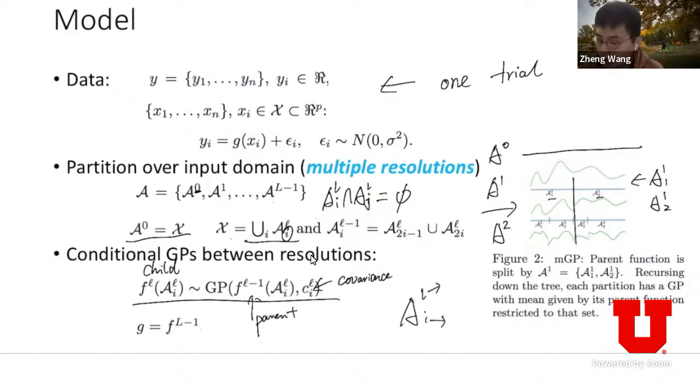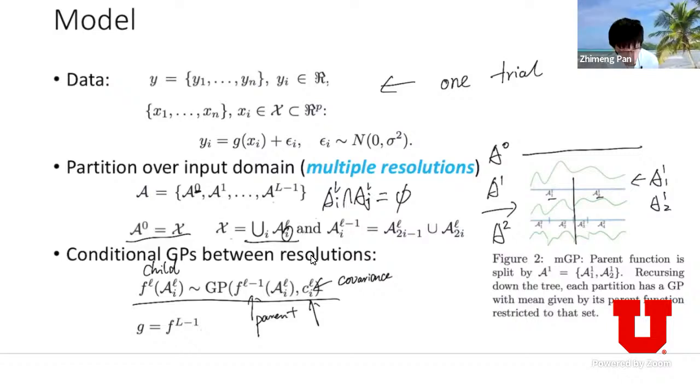Because actually, you should note here the covariance function is different. So in different resolutions, we can have different correlations. So it's not totally redundant, but it can reflect different correlations at different levels.